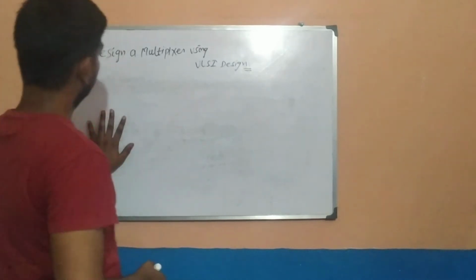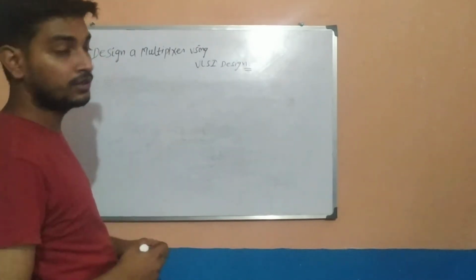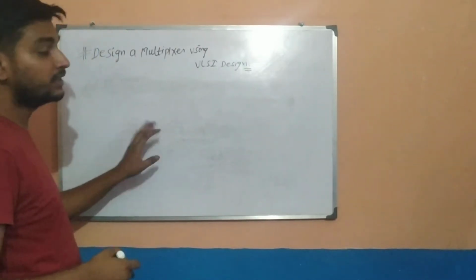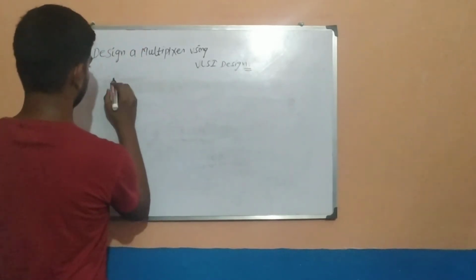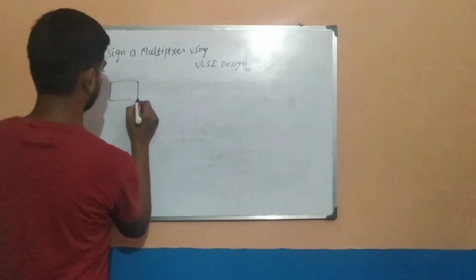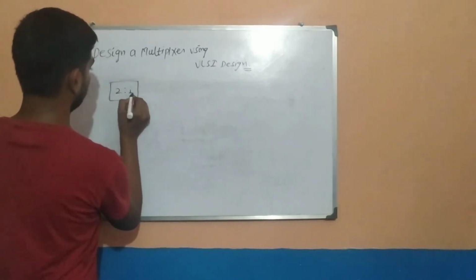So here I have taken 2:1, meaning a 2-bit multiplexer. This is a 2 to 1 MUX.